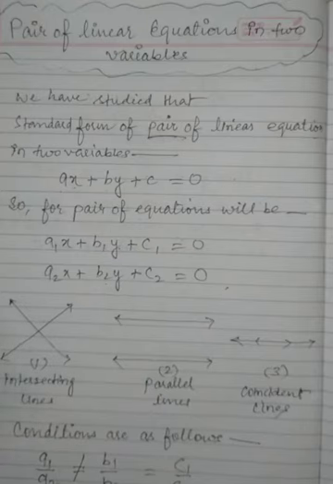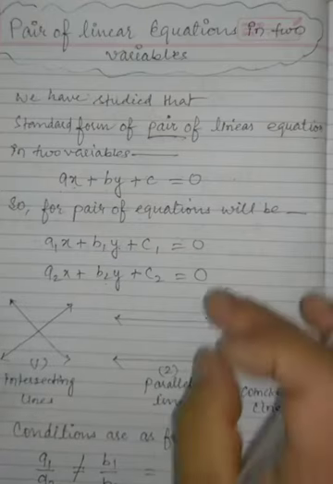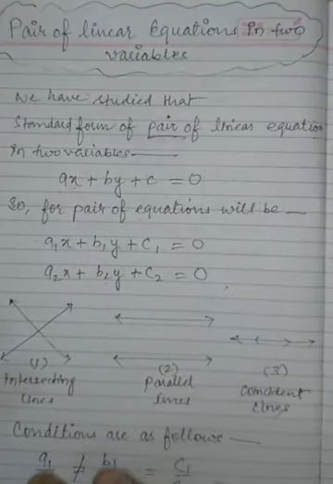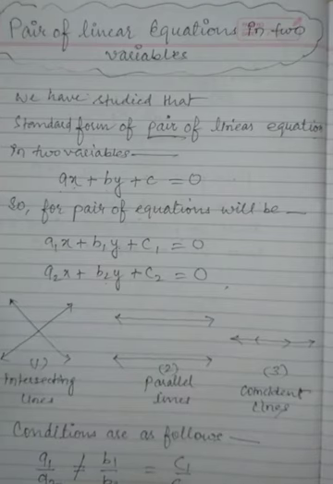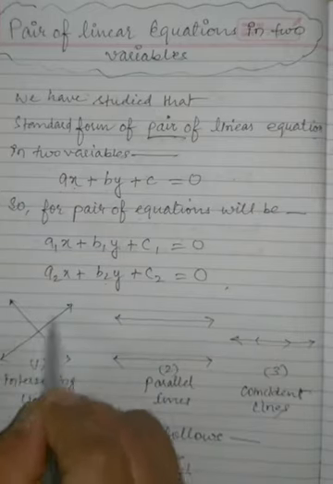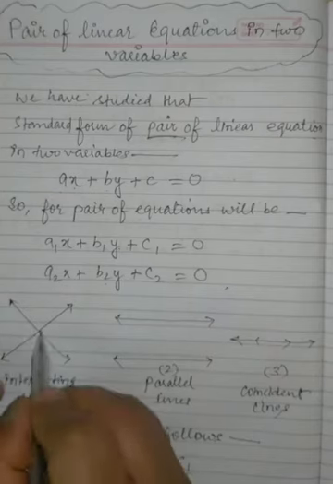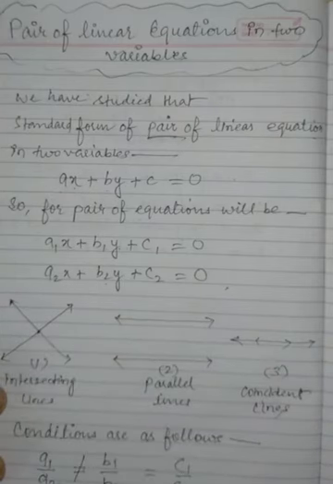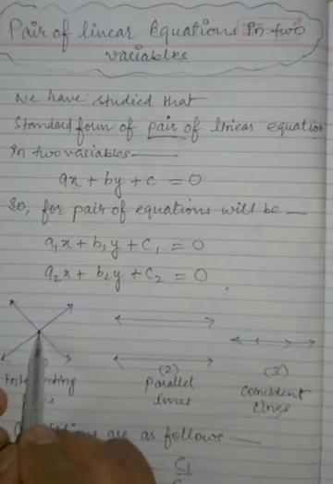Okay? That means in that case, the equation presented by this form, if A1 upon A2 is not equal to B1 upon B2, then in that case, we will be having intersecting lines. And if the lines are intersecting, you can see here, these two lines, if they are intersecting, the point of intersection is only one. Okay? We have only one point of intersection, unique point of intersection.